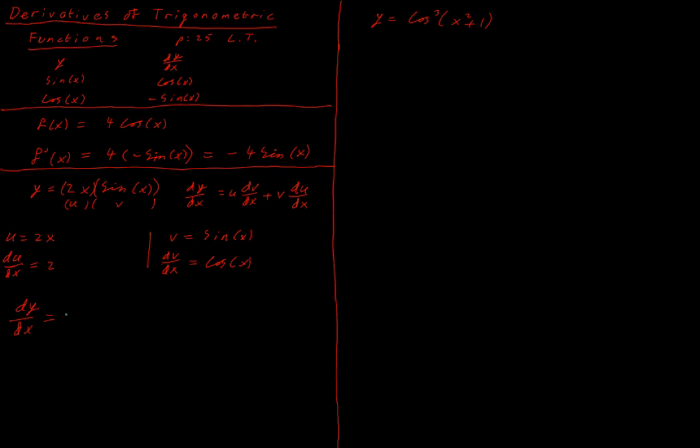I get u dv dx plus v du dx. 2x cos of x.